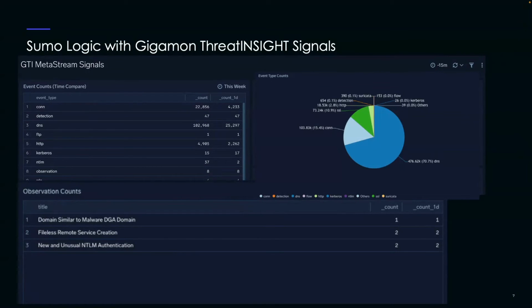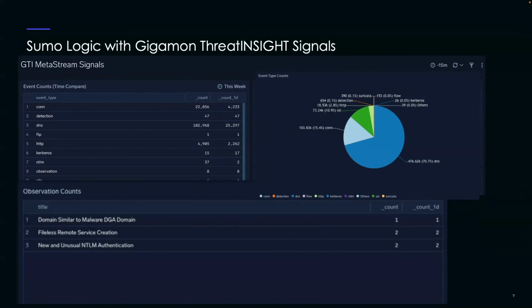And then lastly, the observations, right? The observations are the actual analytics that I was talking about earlier that are coming from Gigamon Threat Insight. These become very important because these could be used as hunting leads as well as incident response situations where you're finding something and all of a sudden you're validating that, okay, well, that new and unusual NTLM authentication is not only unusual, but it actually is malicious, because that new authentication is no one in my organization, and it's someone that has created a new account because another account was possibly compromised.